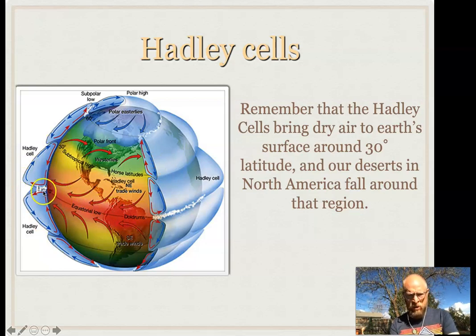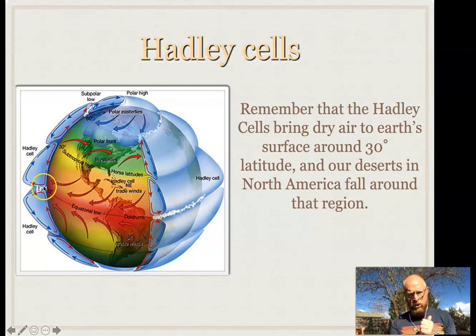Here's the equator running through the Earth. Remember, around the equator you have warmer air. That's where the warmest air is, and so it's rising away from the Earth's surface. And as that air rises, it cools, the water condenses and precipitates out.